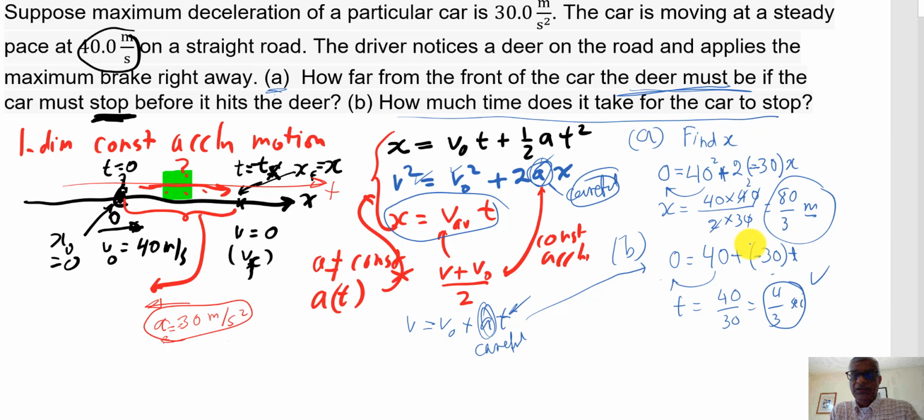What if I had used this in here? B can be done another way. I use 80 over 3, and I have 40 plus 0 over 2 times t, and immediately it's the same answer.